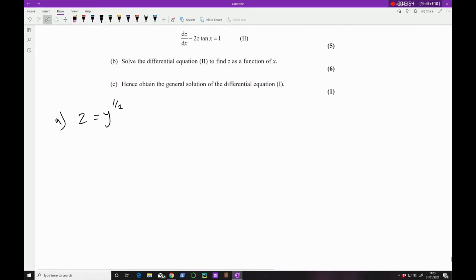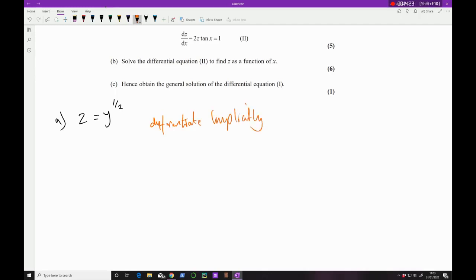Because y is a function of x, I'm differentiating implicitly.